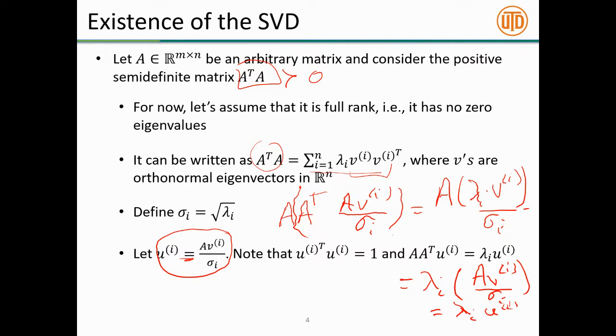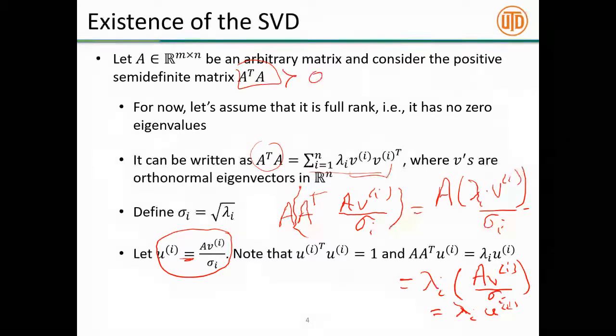So what that tells me is that U_i is an eigenvector of the matrix A A transpose.